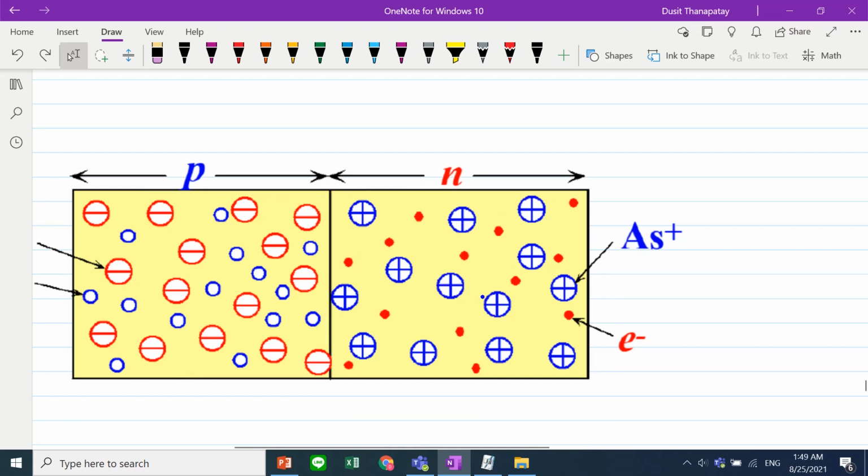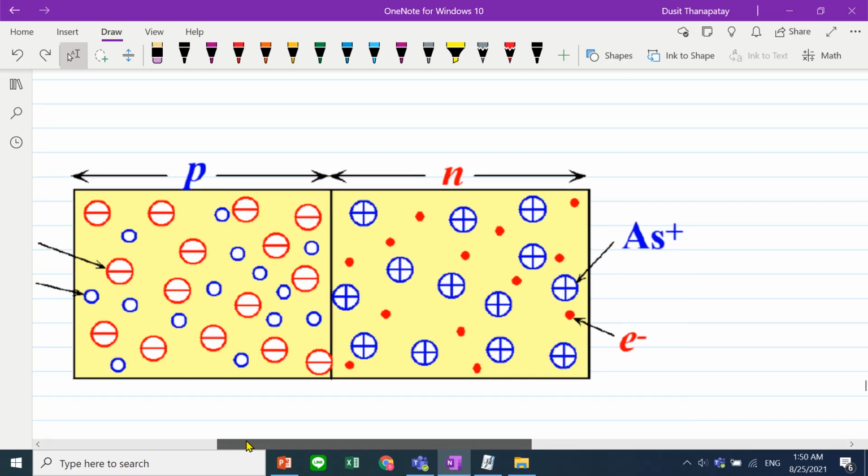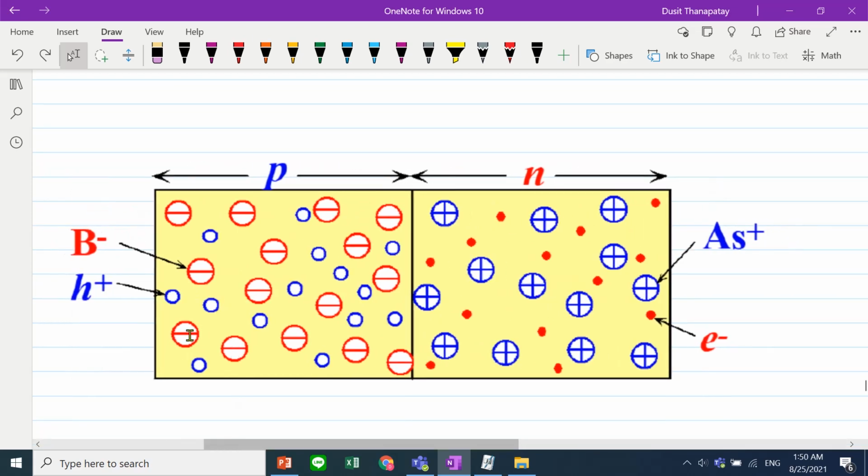At this side, it is doped with donors, so there are more electrons than holes in this N-type. But for the P-type, the number of holes is greater than the number of electrons.